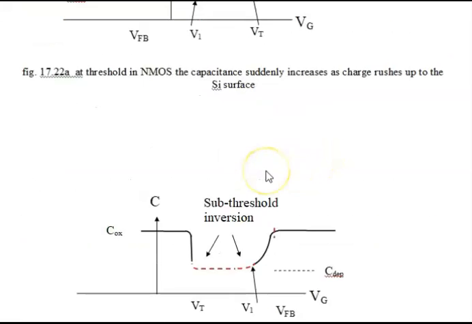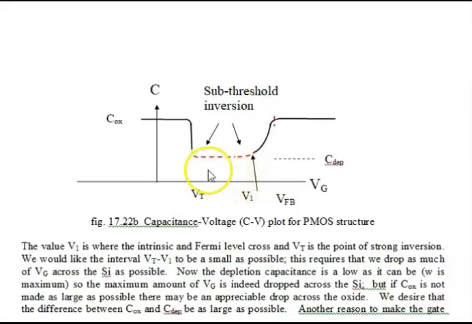And again, this is for NMOS. For PMOS, it's exactly the reverse. So we have accumulation here. We have flat band here. The red, this is flat band. We have depletion. We have the onset of weak inversion.